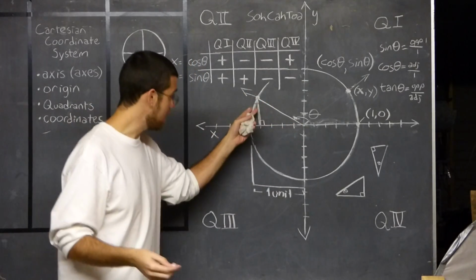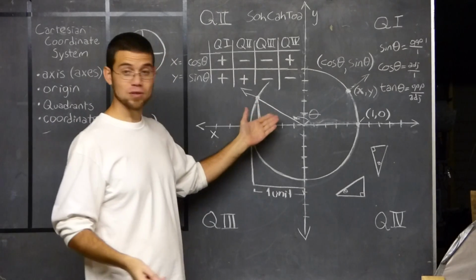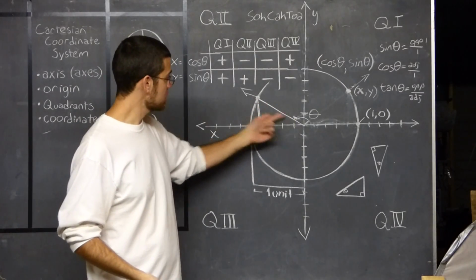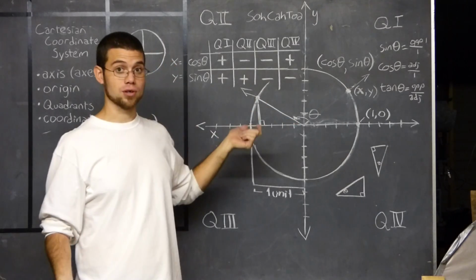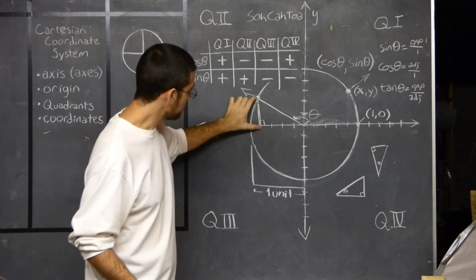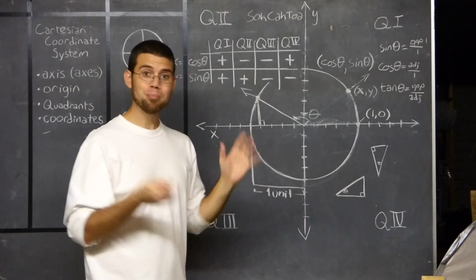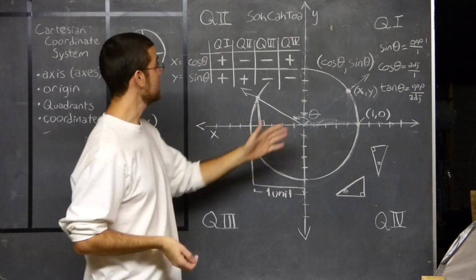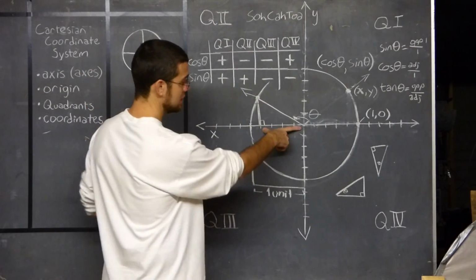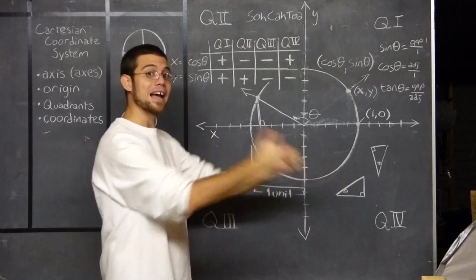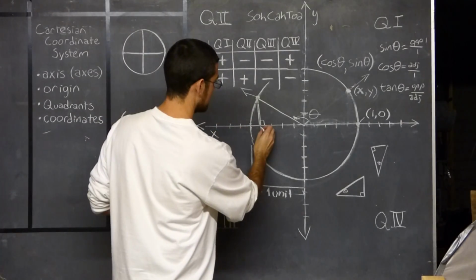Now that triangle in space still has positive dimensions, right? This is a distance, it's positive 1 because it's the radius of our unit circle. This is a positive distance. This is a positive distance. But because we've located it on our Cartesian coordinate system, that positive distance is going in a negative direction.